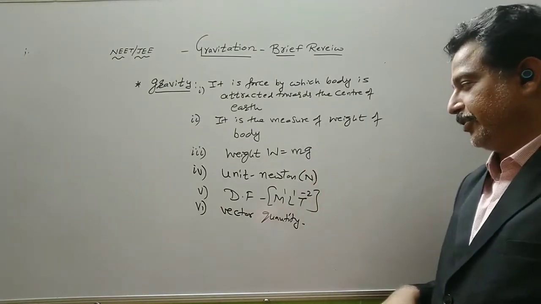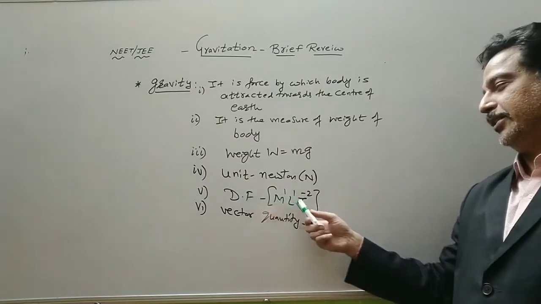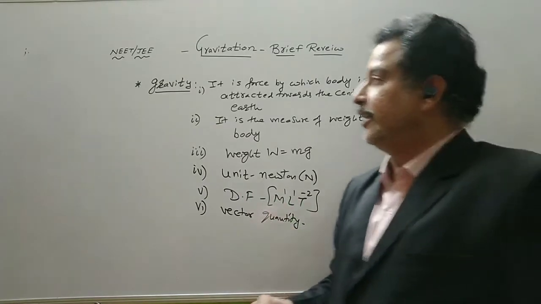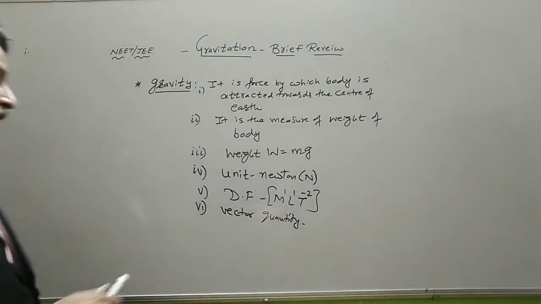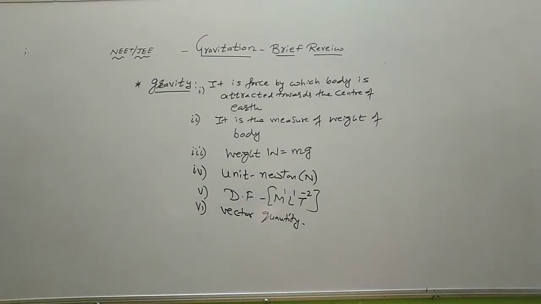The dimensional formula is mass into acceleration, and it is a vector quantity. So gravity is nothing but the force by which you are attracted towards the center of the earth. This force is always directed towards the center of the earth.